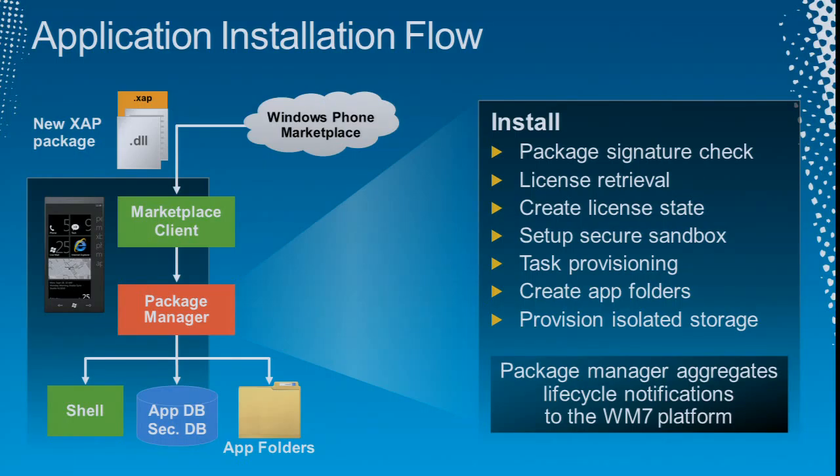We then provision what kind of tasks the device is allowed to use. We create the folders that are going to be used, and then we provide the isolated storage for the whole process. This is basically what happens right after you've searched for an app, found one, and hit the install button. And at the very end, the application is installed and it's available for use.